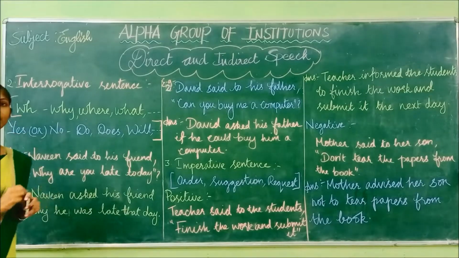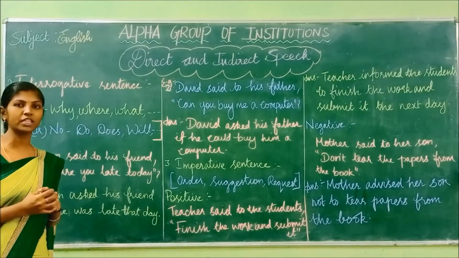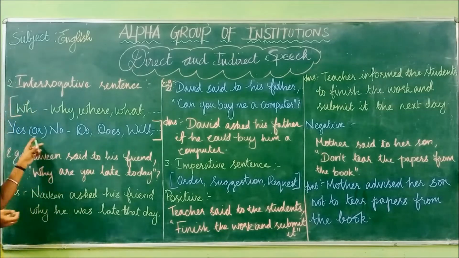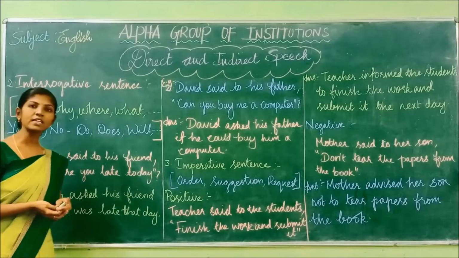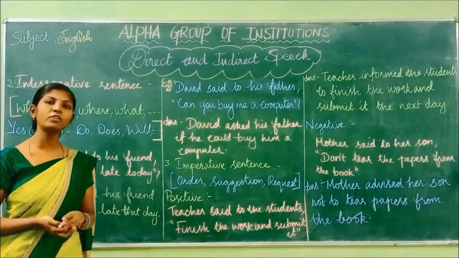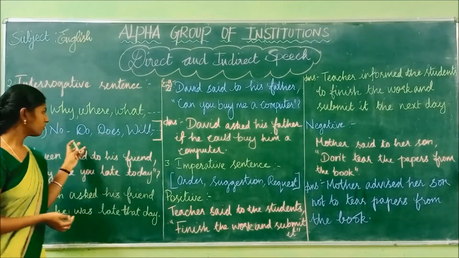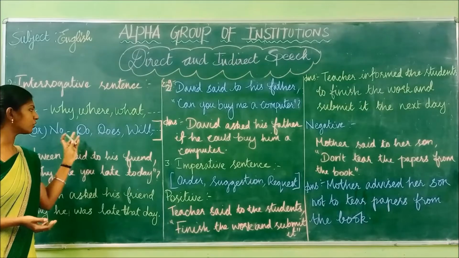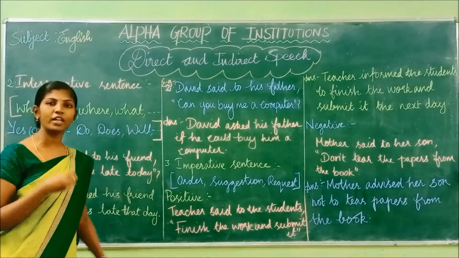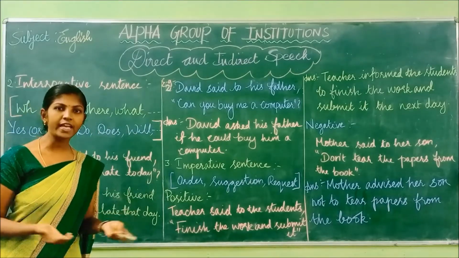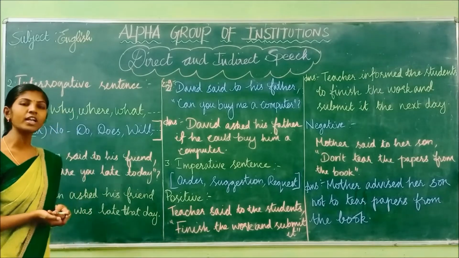So, when you frame a question using WH words, and the next one is yes or no questions. How do we frame yes or no questions? We start with either do or does or will, may, shall. All those words are called yes or no.